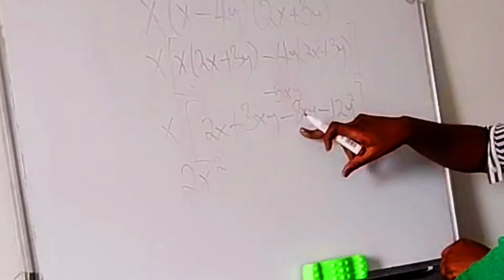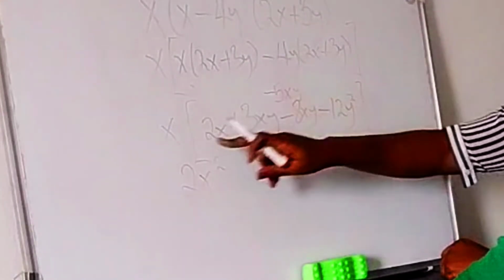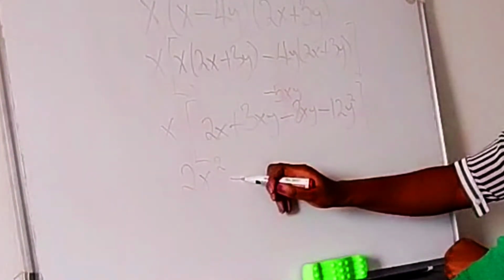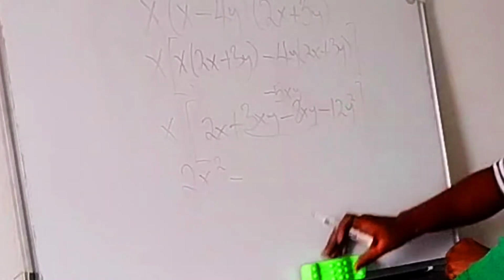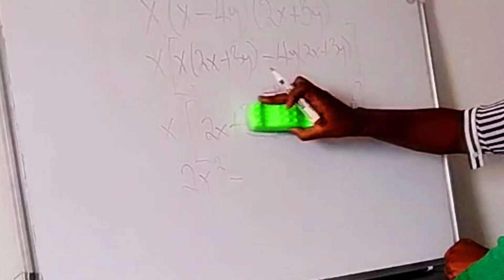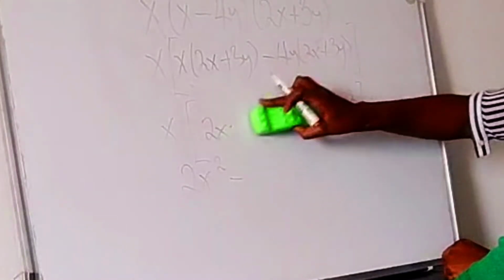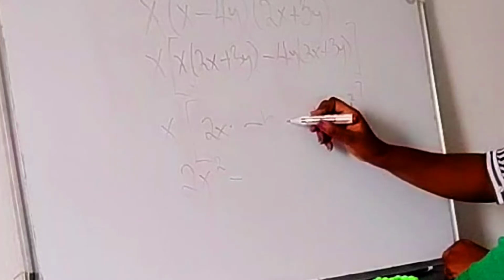But because 8 is negative, the answer will be minus 5. So this is x times minus 5y gives you what? Remember I eliminated this, right? Yes. Let me clean it and put 5y there. It's supposed to be here, right? Right? Minus 5xy.